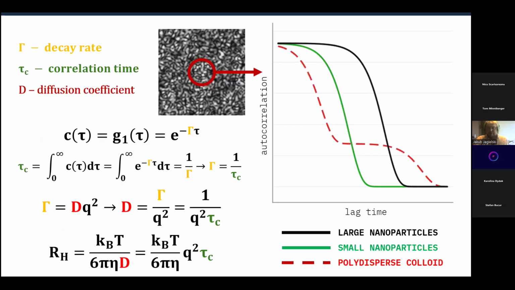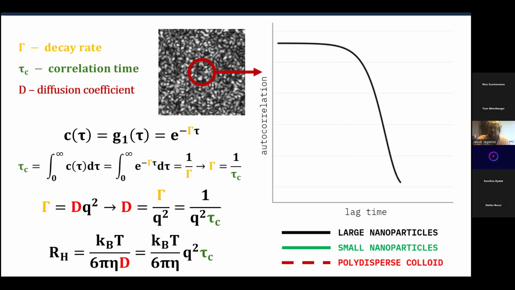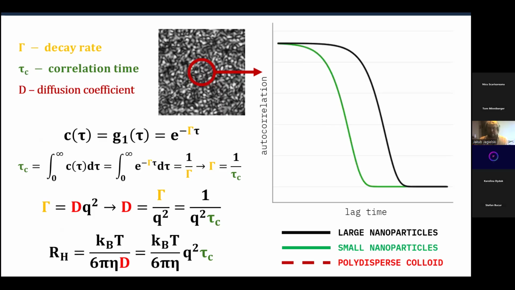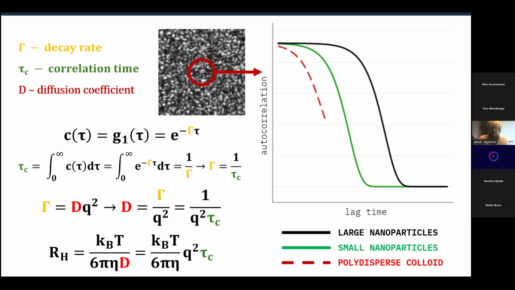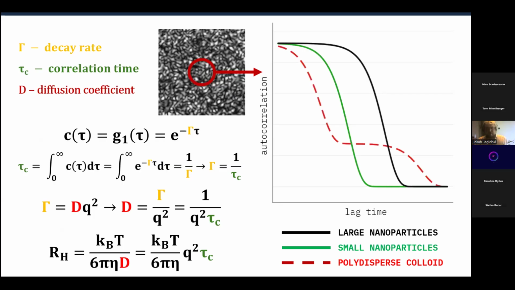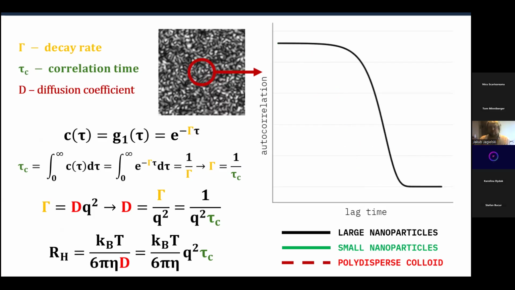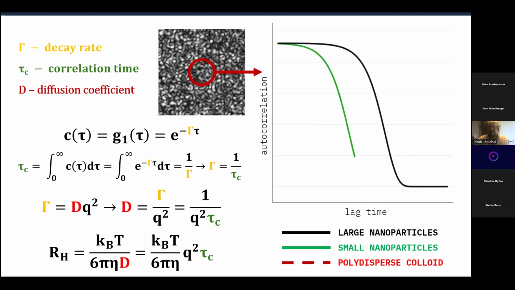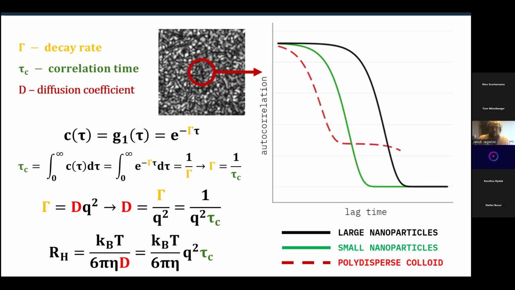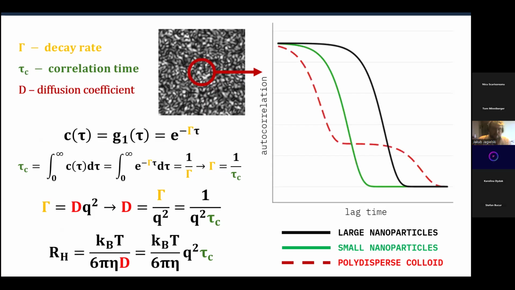At very short lag times, the particles have barely moved and the speckle pattern is almost unchanged, so the autocorrelation is high. As the lag time tau increases, particles diffuse to new positions, the speckle pattern loses its resemblance to the original, and the autocorrelation decays towards zero.